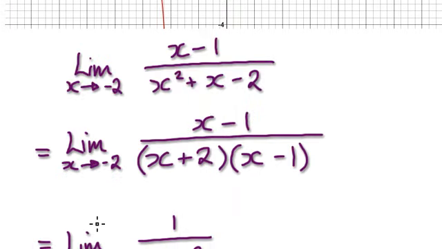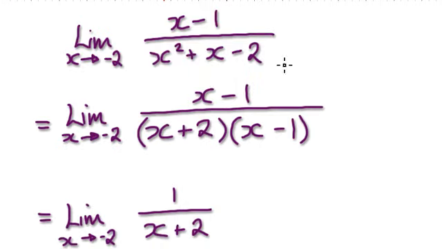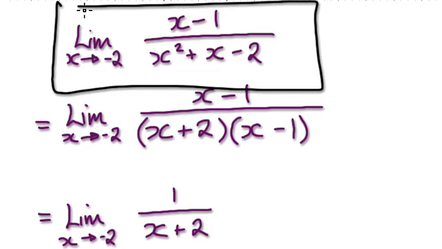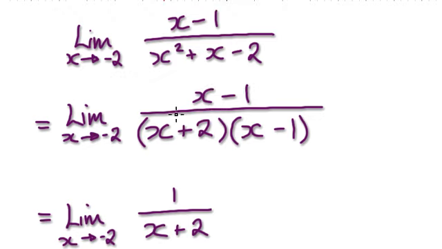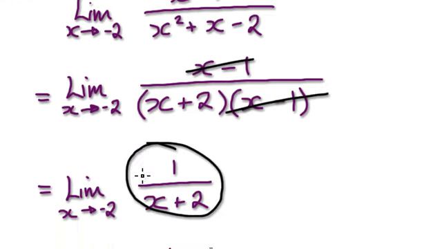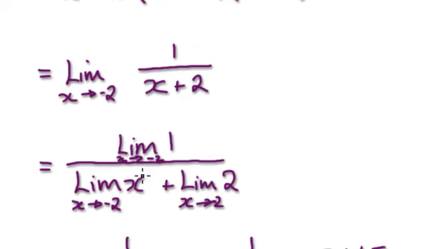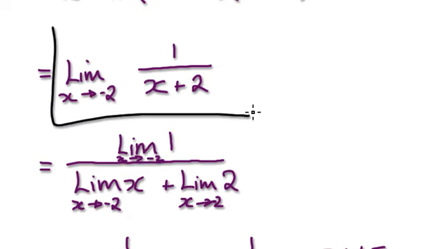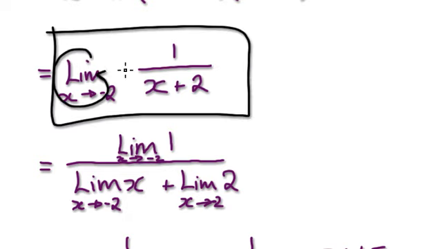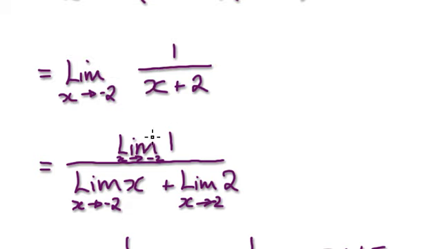Again, use the same technique. Factorize this thing, so these 2 will cancel out, giving you this. Then at this stage you can break into this thing and this thing, so it becomes this.